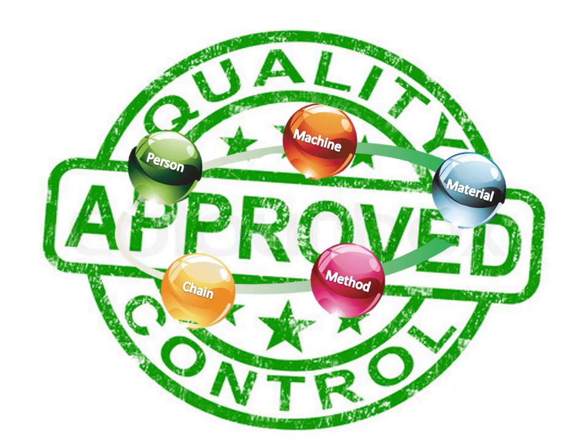We need to be able to control all of that so that our end product, whether it be a service or a good, is going to meet those quality standards that have been set by the organization and, most importantly, our customers.